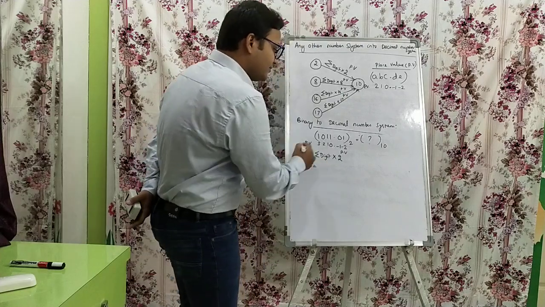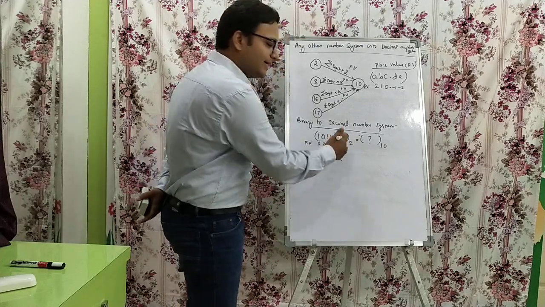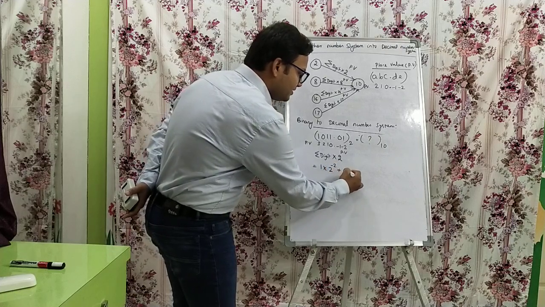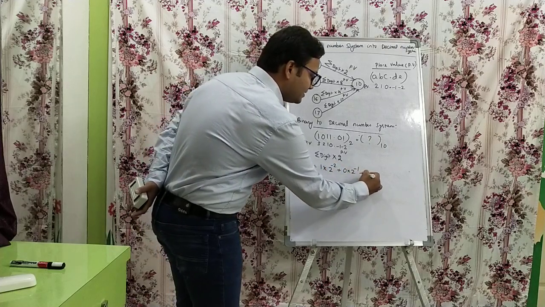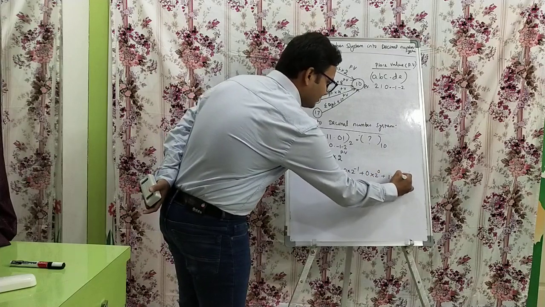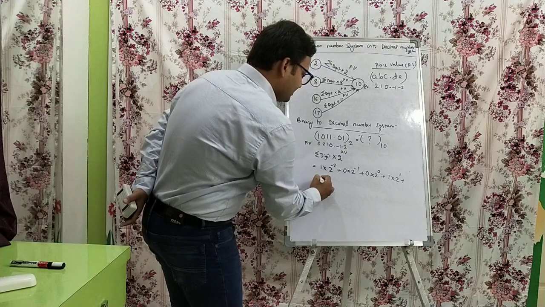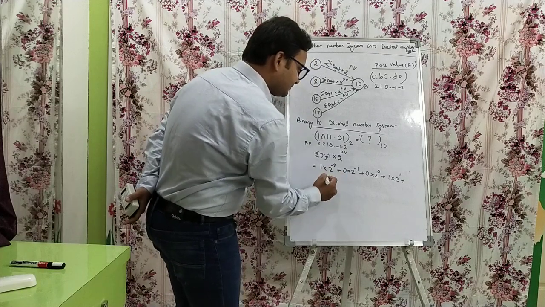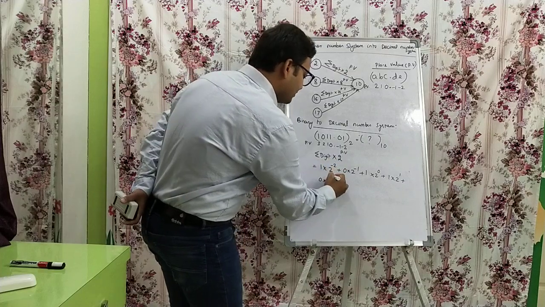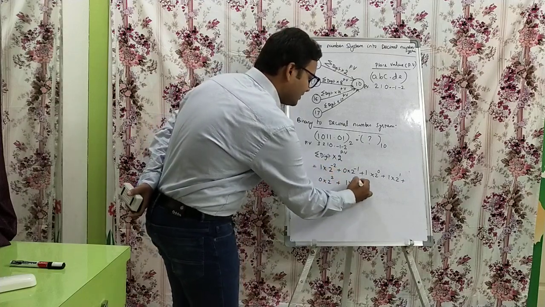Next, you always start from the left. 1 times 2 to the power minus 2, plus 0 times 2 to the minus 1, plus 1 times 2 to the power 0, plus 1 times 2 to the power 1, plus 0 times 2 to the power 2, plus 1 times 2 to the power 3.